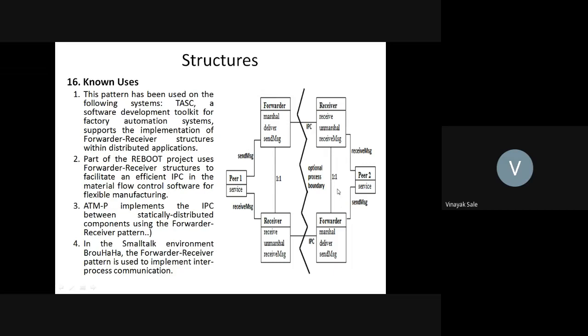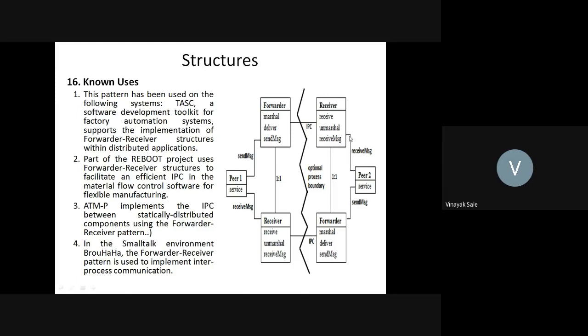So the previous description, this is the figure: peer 1 sends a message to forwarder 1, which marshals, delivers and sends the message to receiver 2. Receiver 2 is waiting for the message from forwarder 1. Whenever the receiver receives the message, it unmarshals the message and receives the message.